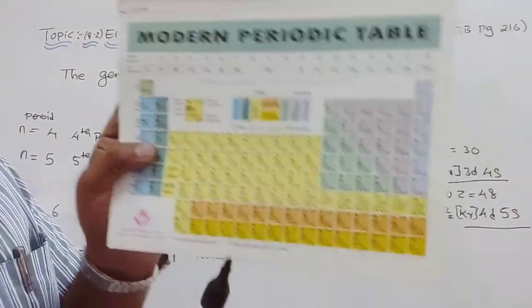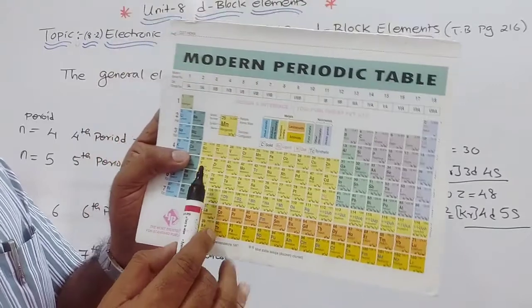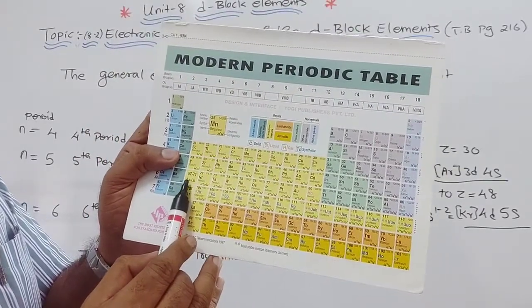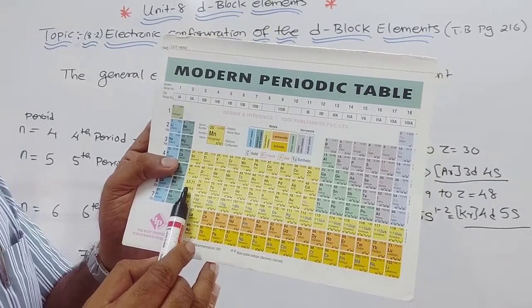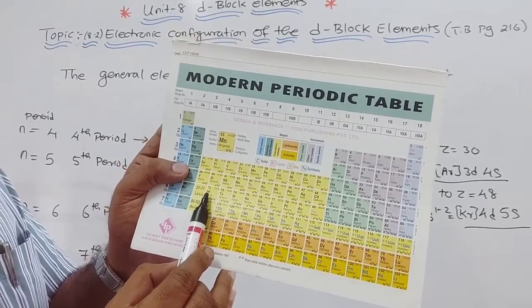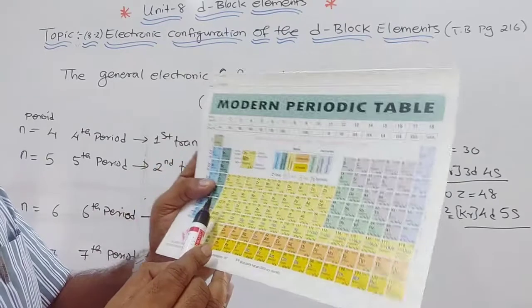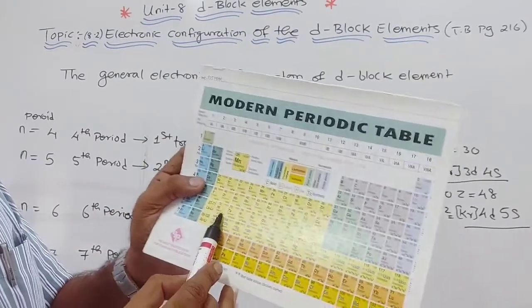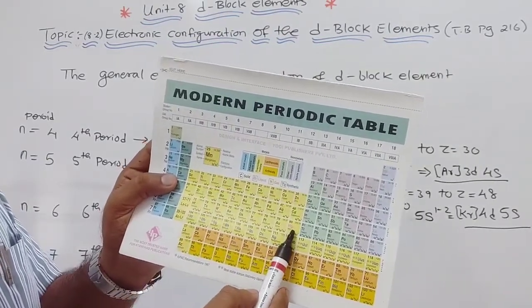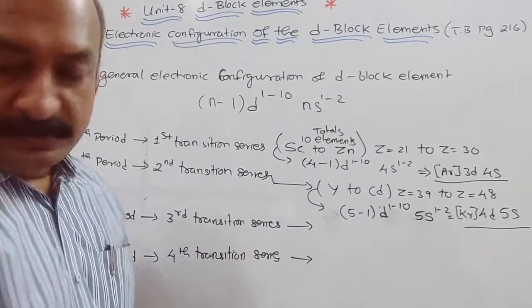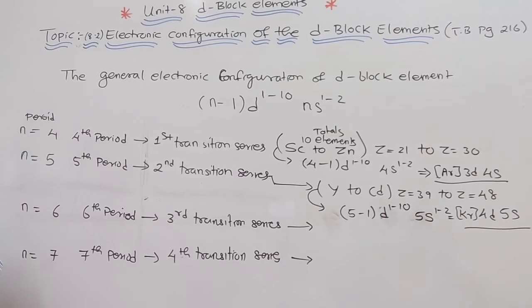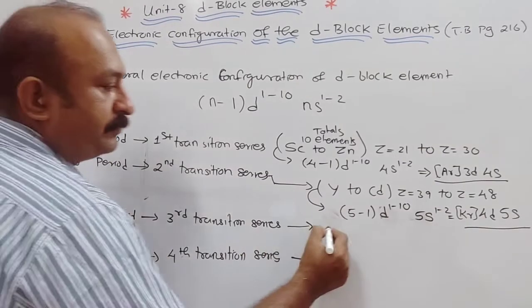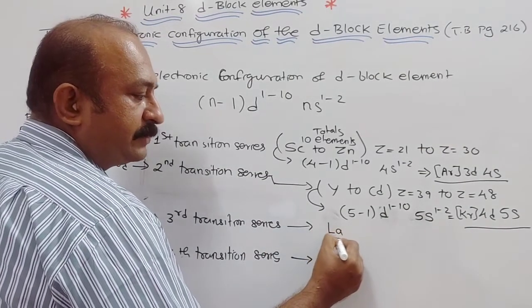I think you can watch clearly. The sixth period is from lanthanum, La, the first one, and then it is from hafnium to mercury. So the series starts from lanthanum, first is 57, only one.